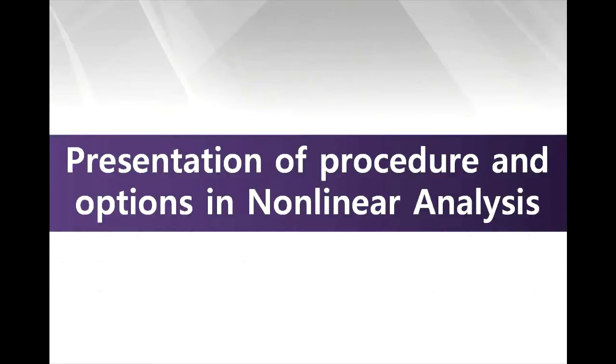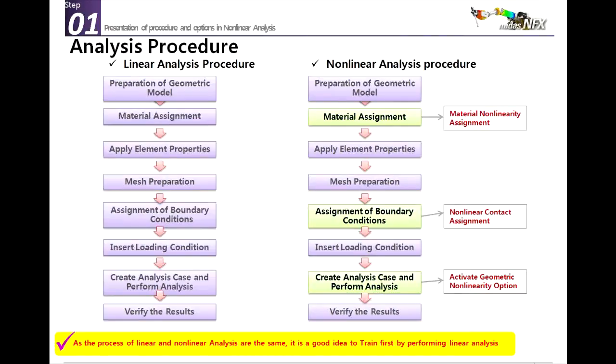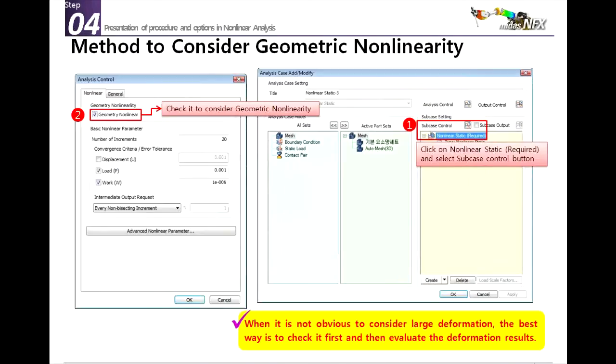Then I presented the procedure to do the nonlinear analysis. It's actually very similar to the linear analysis sequence, except for a few differences during the material assignment, the assignment of the boundary conditions, and the analysis case creation. So I presented all that.